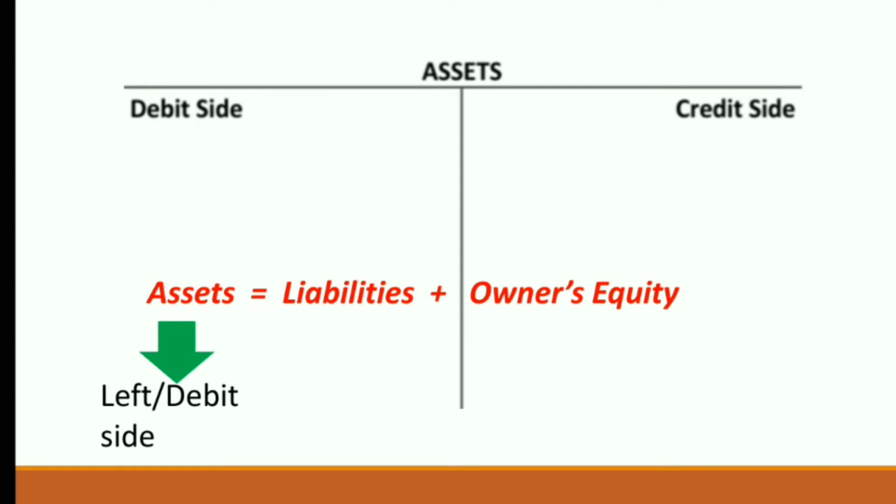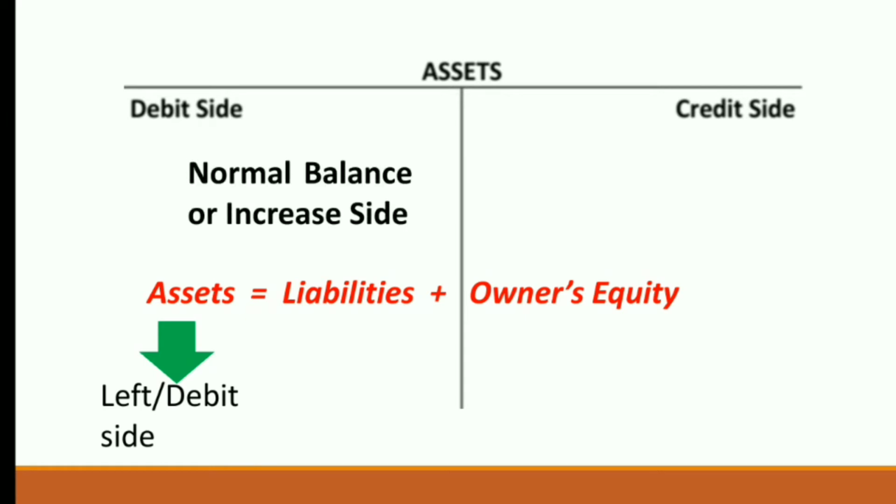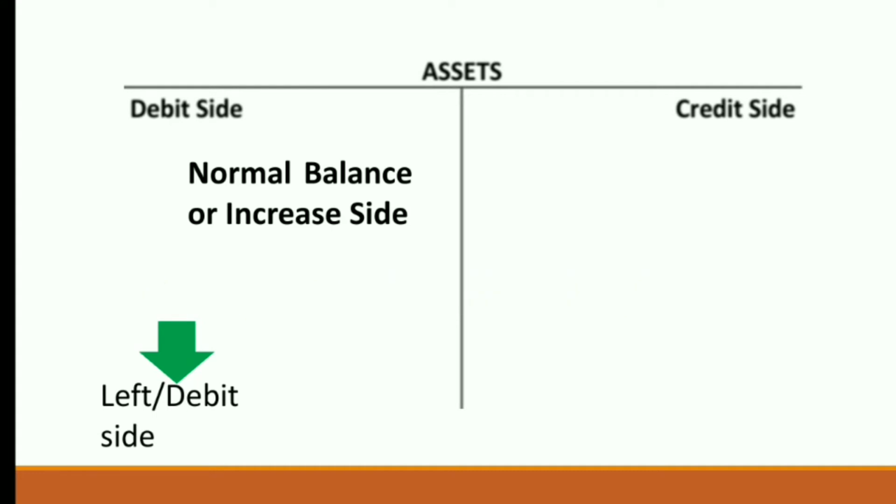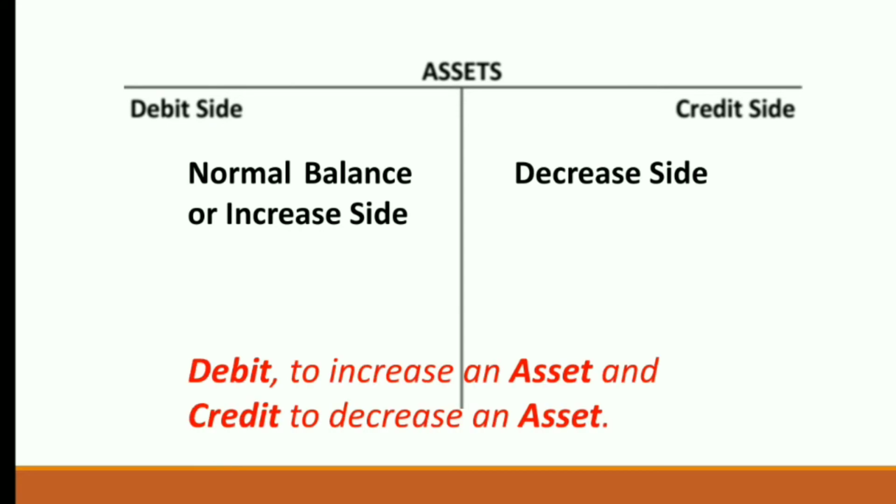So here in the T account, the increased side or the normal balance will appear here in the left side. So if this is the normal balance or the increased side of the asset, therefore the decreased side would be here in the credit. So debit to increase an asset and credit to decrease an asset.